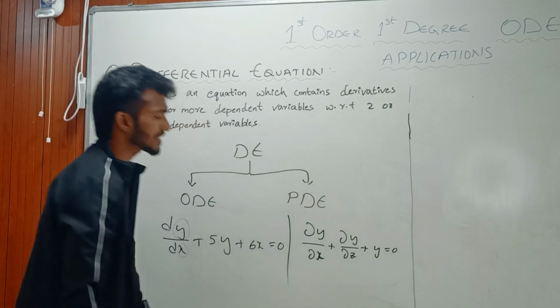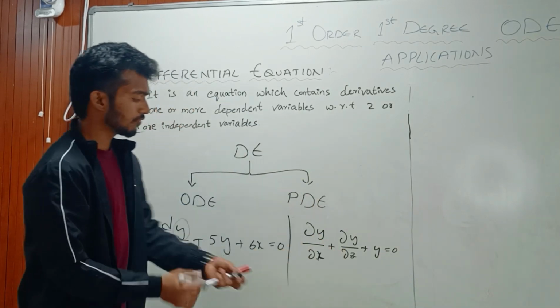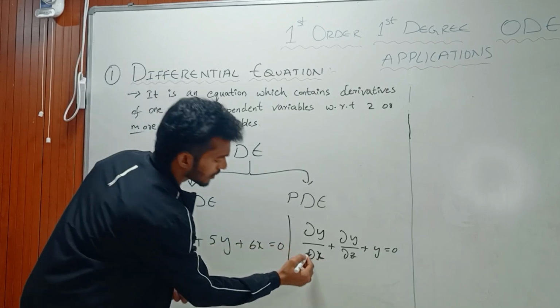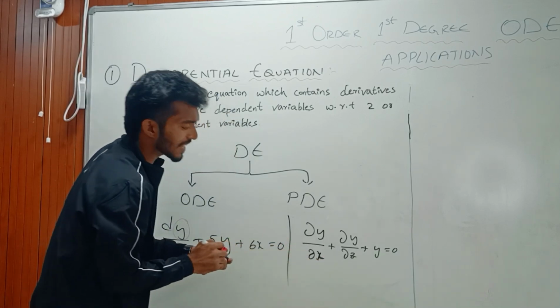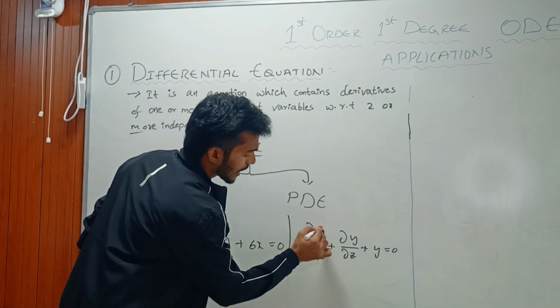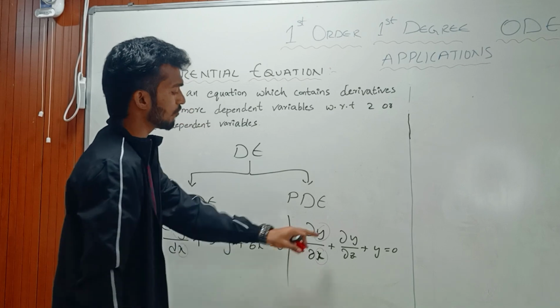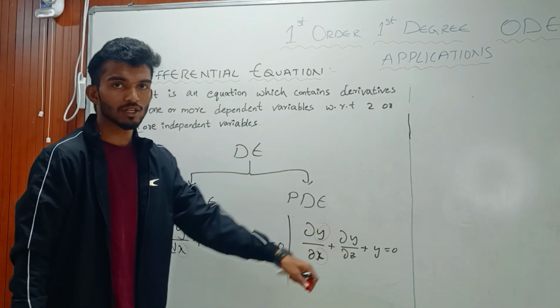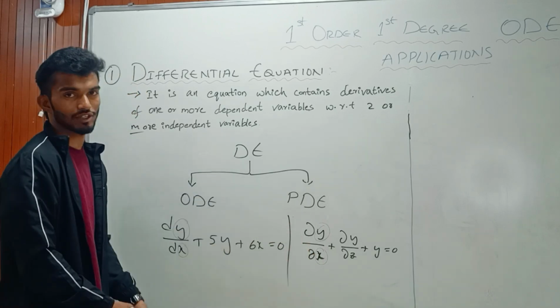It is a partial differential equation with two independent variables. Here x and z are the independent variables. We are differentiating the dependent variable y with respect to the independent variables x and z. So this is an example of the partial differential equation.